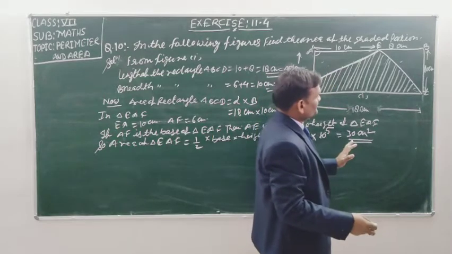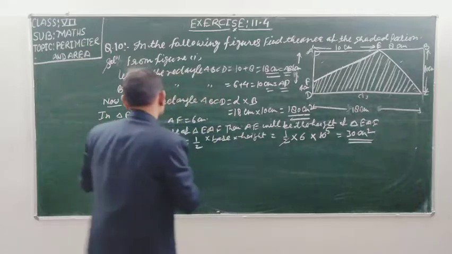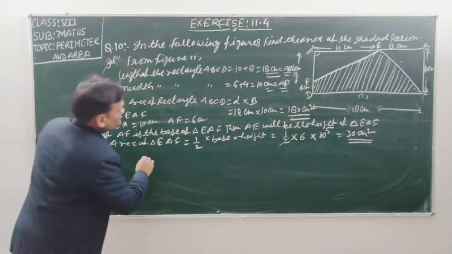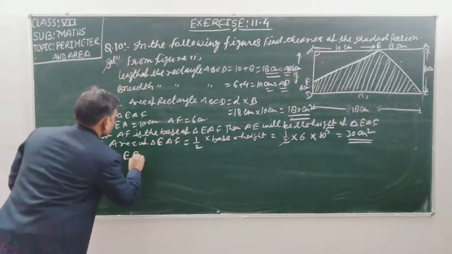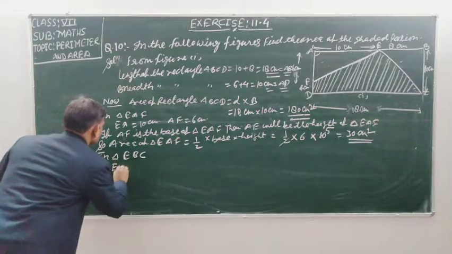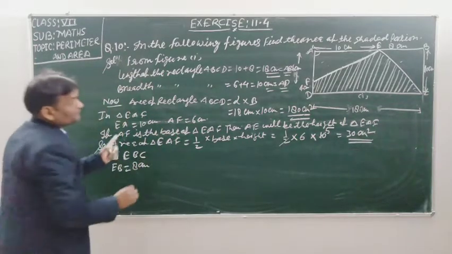After this, student, find the area of triangle EBC. In triangle EBC, EB is equal to 8 centimeter. It is given.